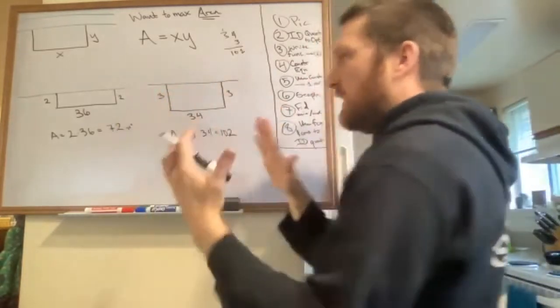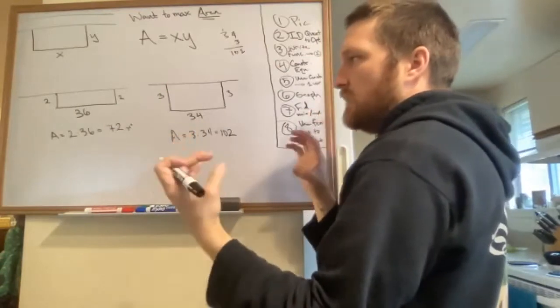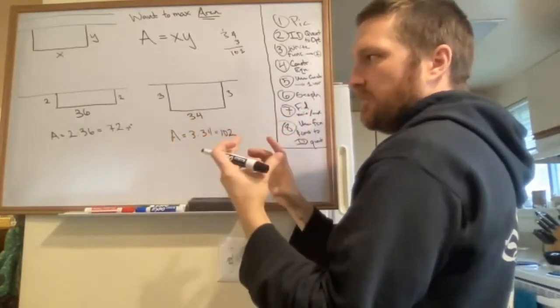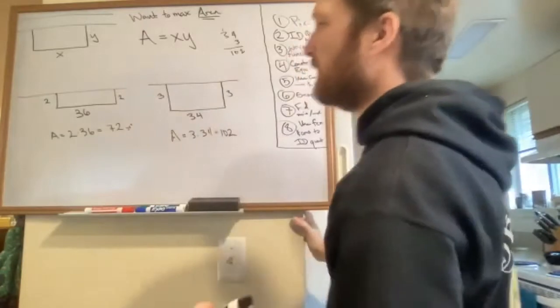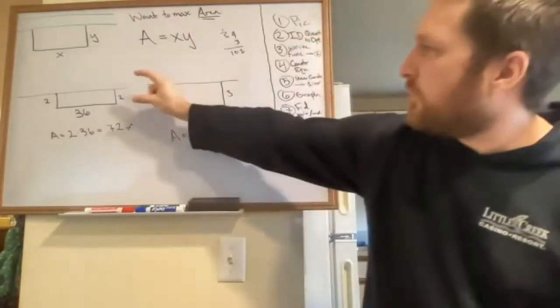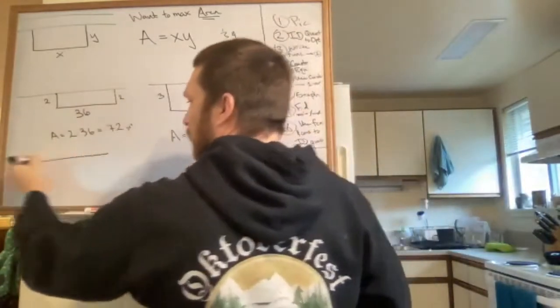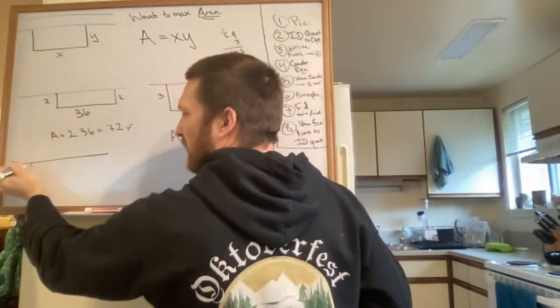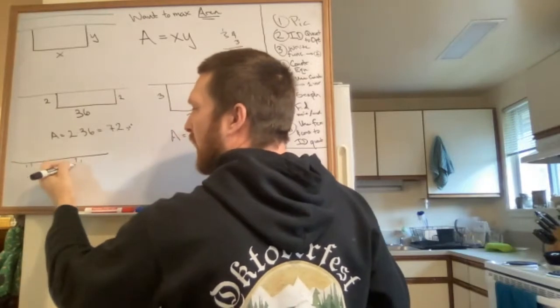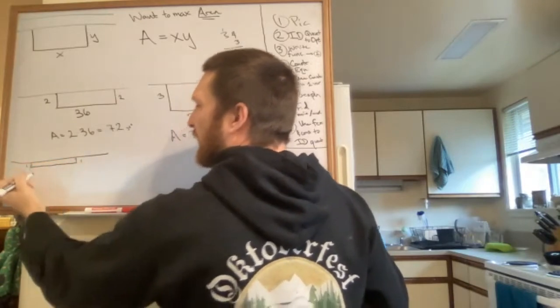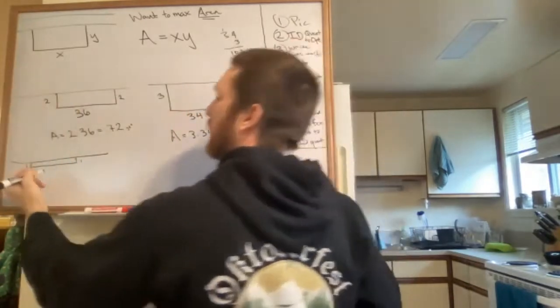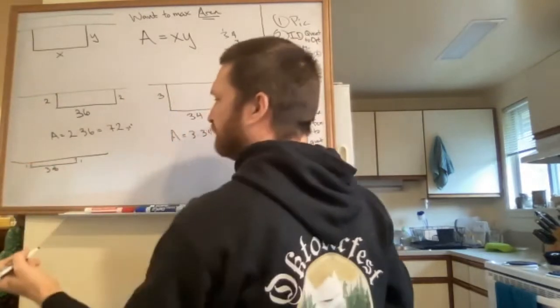So let's think about this now. Right now I'm just playing with stuff, but I'm also noticing something here. If I made the width really small, like 1 and 1 right here, I would have 40 minus 1 minus 1, so 38 left over.